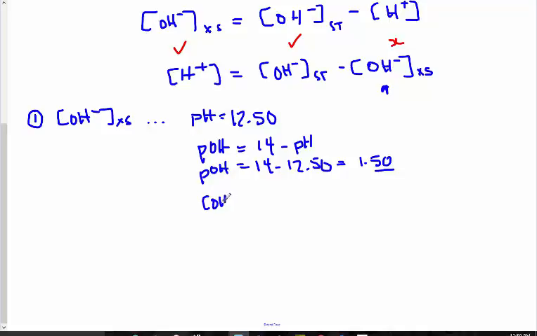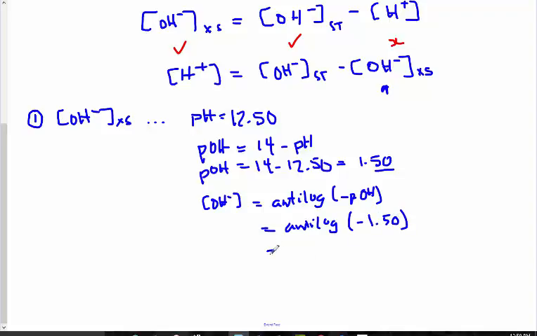I'm going to take the anti-log of the negative pOH, so the anti-log of negative 1.50 is equal to 0.03162, leaving some decimal places here.